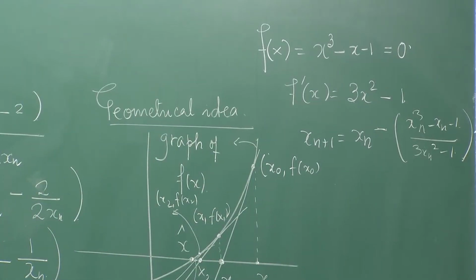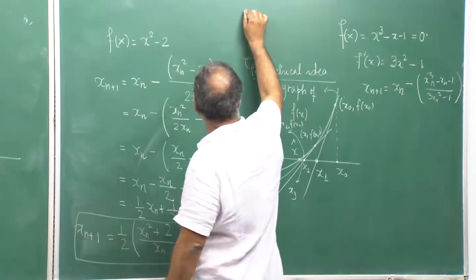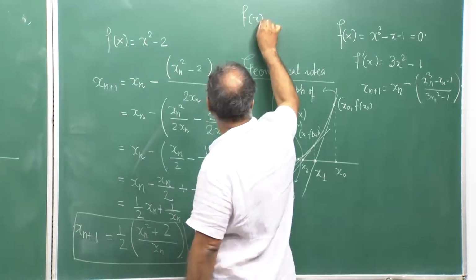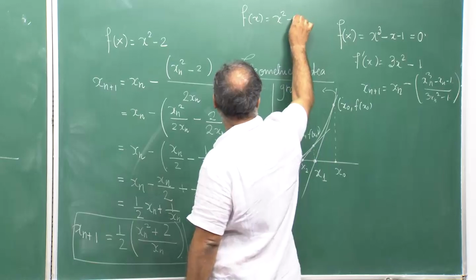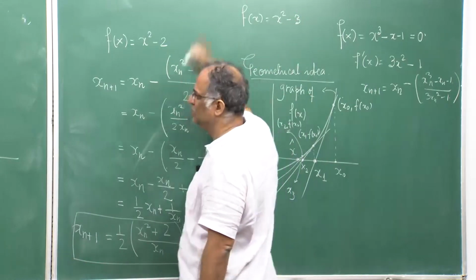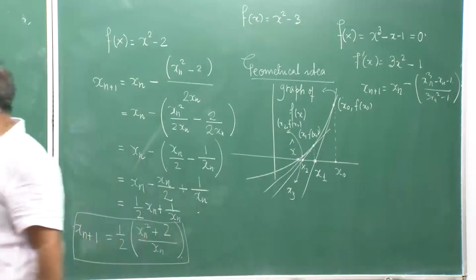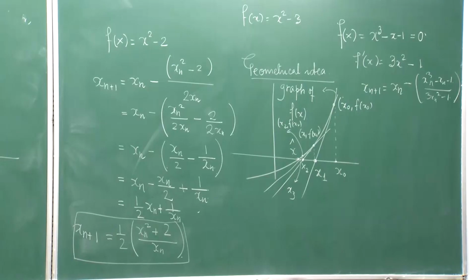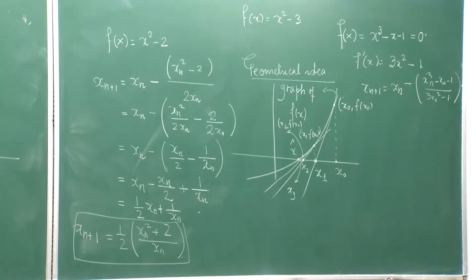Of course, I would also ask you to try f(x) equal to x square minus 3, that is, the square root of 3. So here you have a brief idea of how actual numerical computation goes.